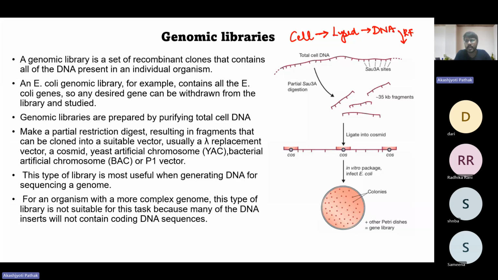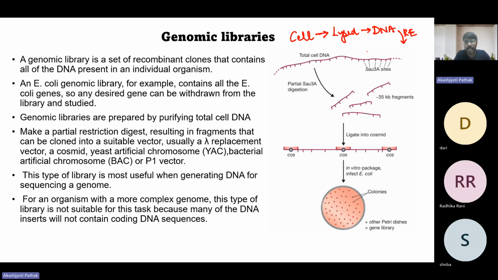There are multiple restriction enzymes available. You can use any common restriction enzyme, like EcoR1, Sau3A or BamH1. And what will these restriction enzymes do? They will create small DNA fragments, so that your entire DNA gets broken into small DNA fragments.